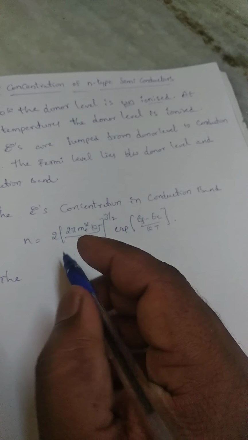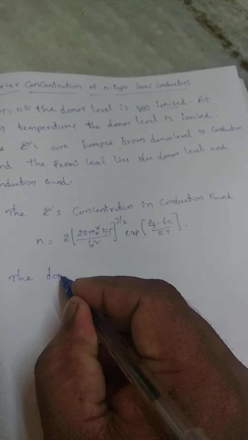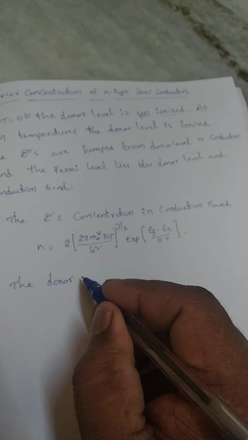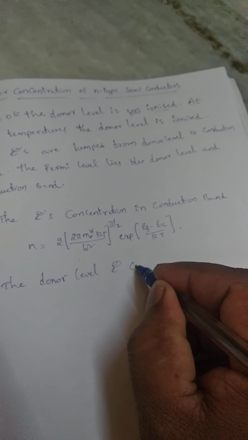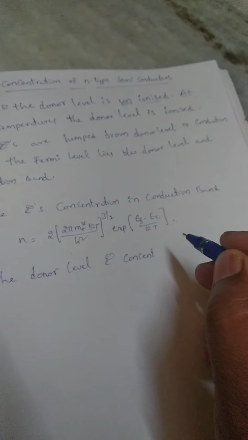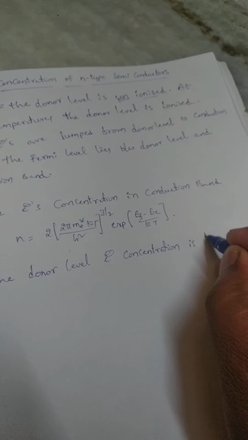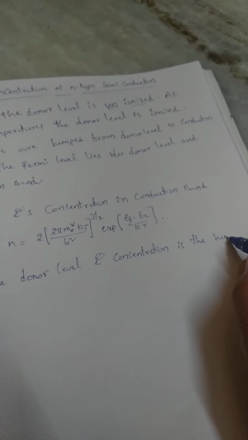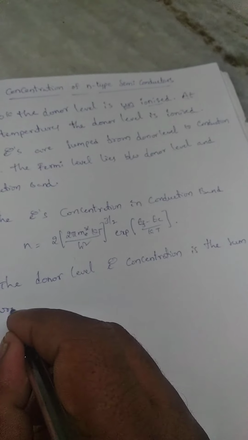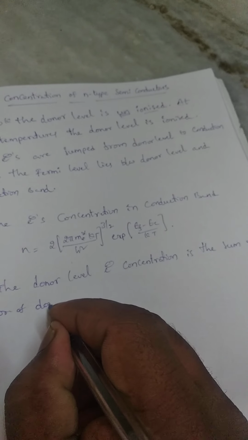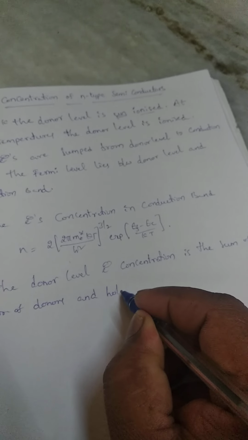The donor level electron concentration is the sum of number of donors and holes.